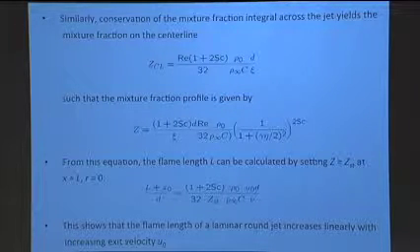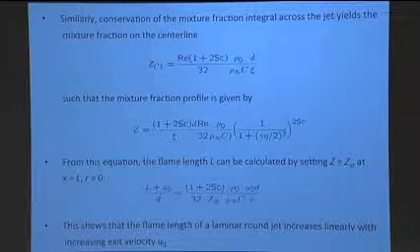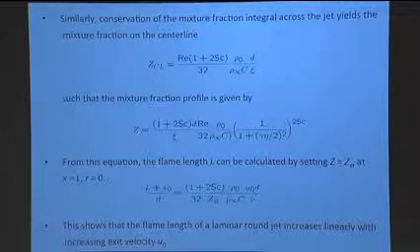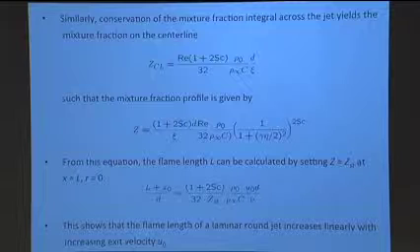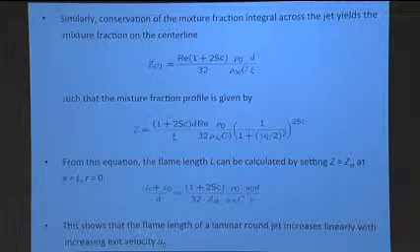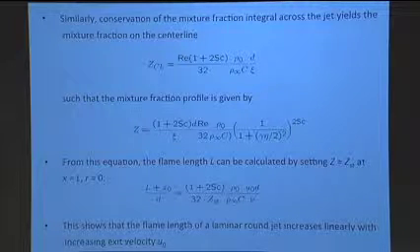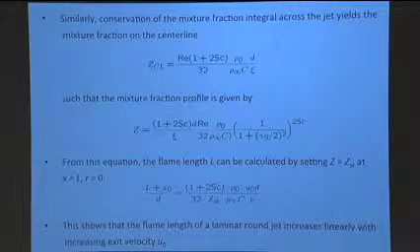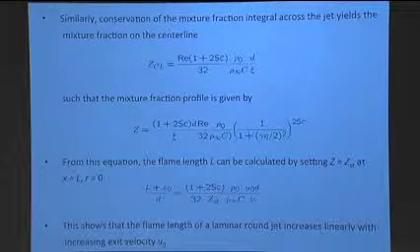Anyways, you get a result for the mixture fraction in terms of the diameter of the nozzle and things like that, and then one can set this equal to stoichiometric, and then solve this for psi. Here, psi is the spatial coordinate, and that gives you the non-dimensional flame length. And this non-dimensional flame length, that's the result that's given here.